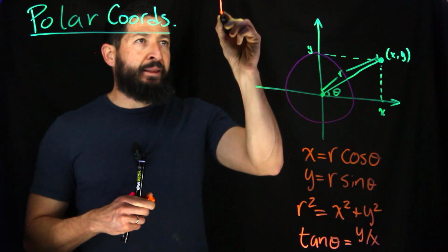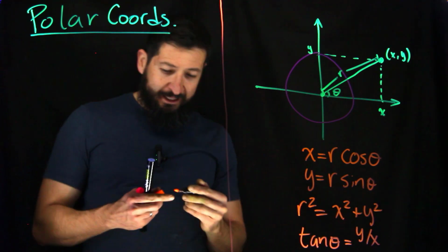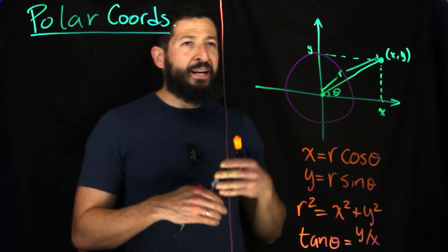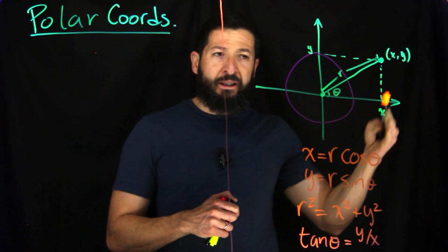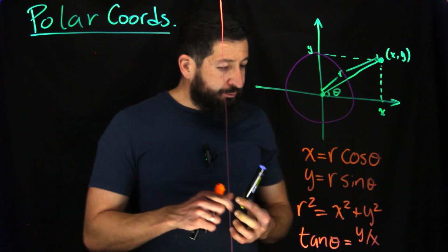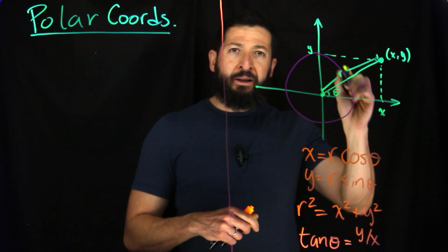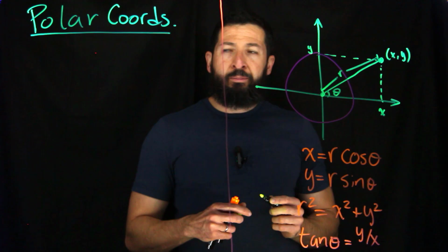But that equation has infinitely many solutions, because the tangent is pi periodic. However, if I restrict my angle to be between 0 and 2 pi, then my radius would always be positive.